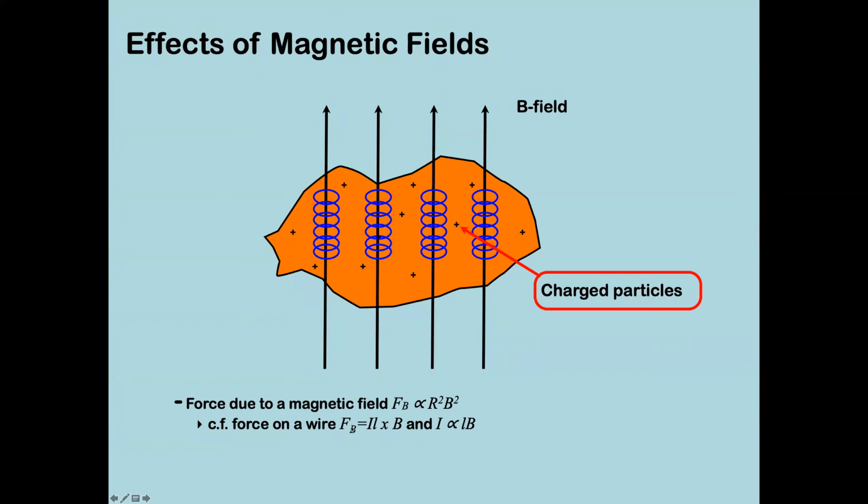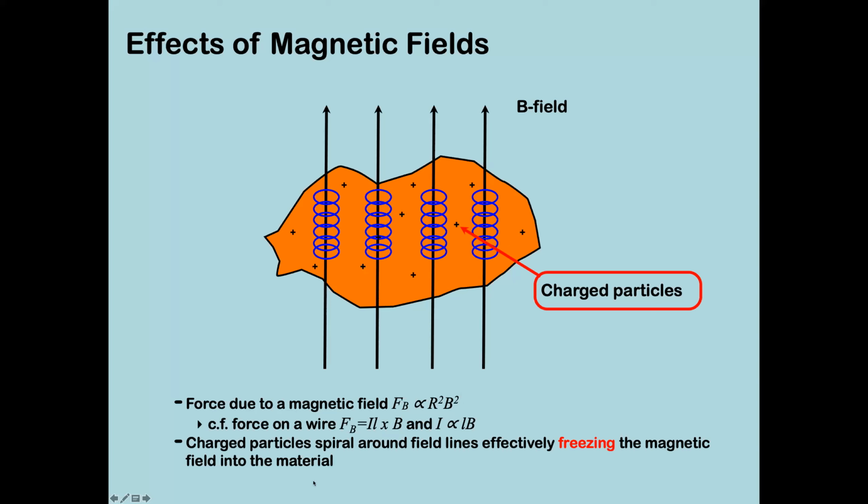The magnetic field force is I, the current in amperes, times the length of your wire cross B, in vector form. And the current is proportional to the length of your wire times B. So if you put these things together, you see that you have R squared, B squared.